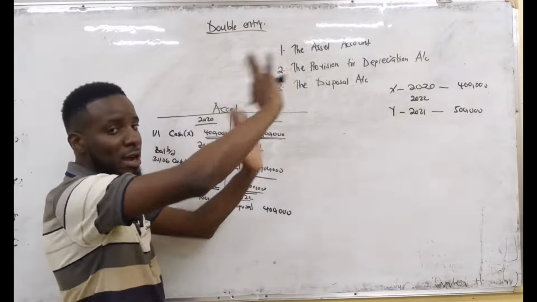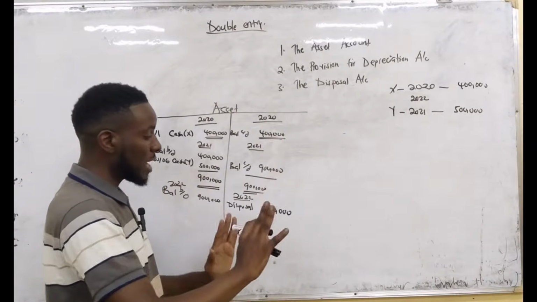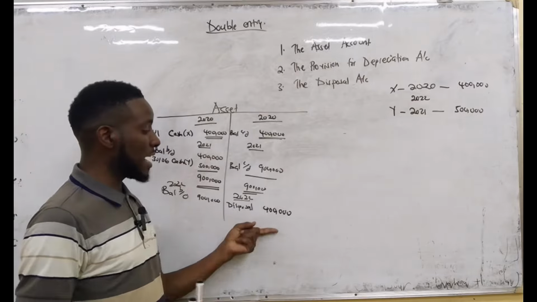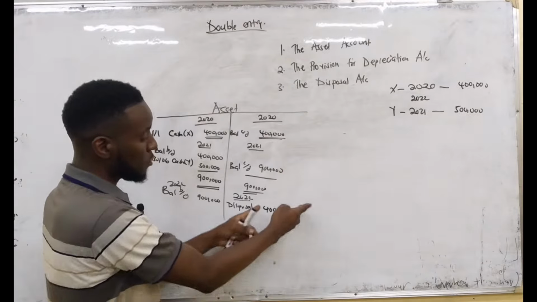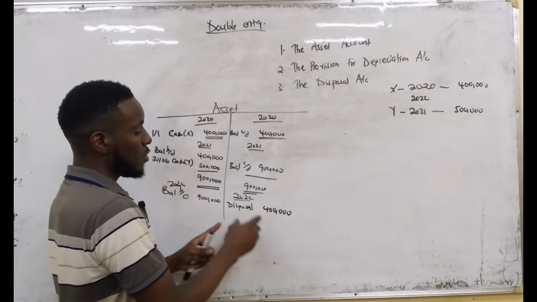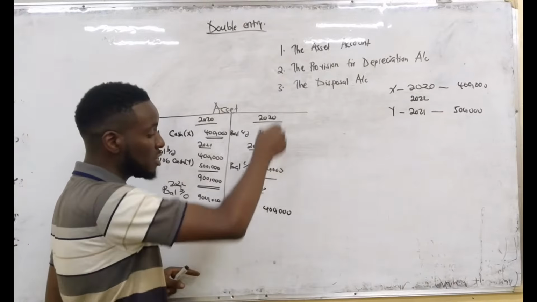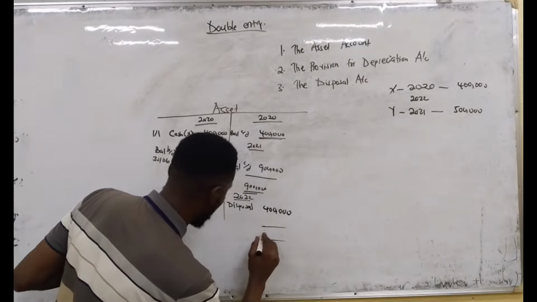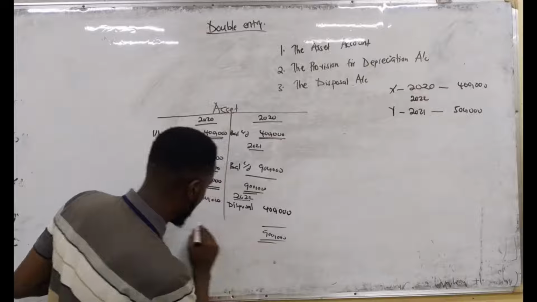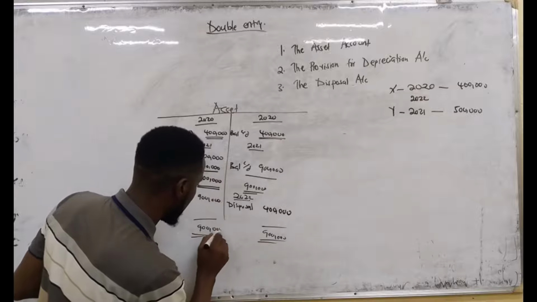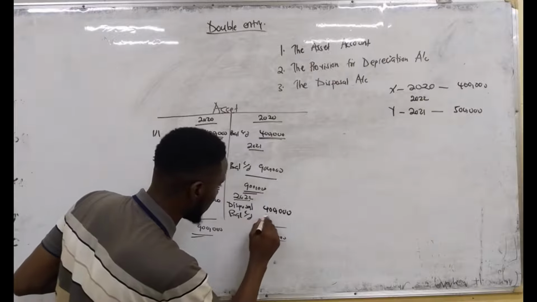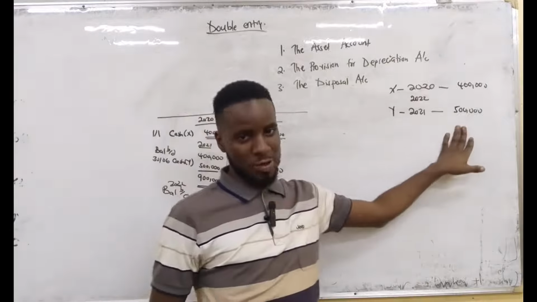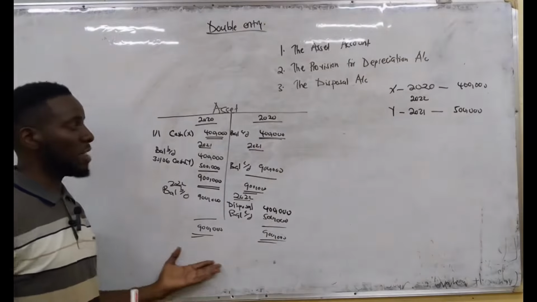Now, there's a disposal account somewhere we shall prepare, and that disposal account will appear to be the profit or loss account. But here, when they give you the asset account, please always record the cost of the asset. When you record the cost of the asset here, it means you're cancelling out this asset. Therefore, when you close off, you have 900 and 900, and your balance carried down will actually be 500. Now, this 500 is the asset that is remaining, which is the asset that we bought. So this is how the asset account will look like.